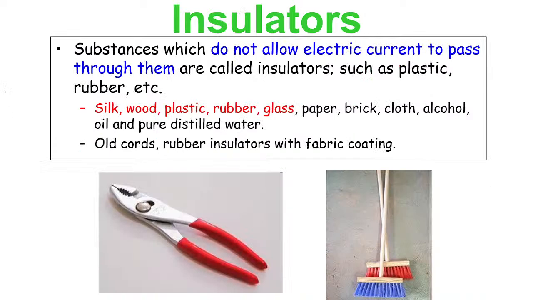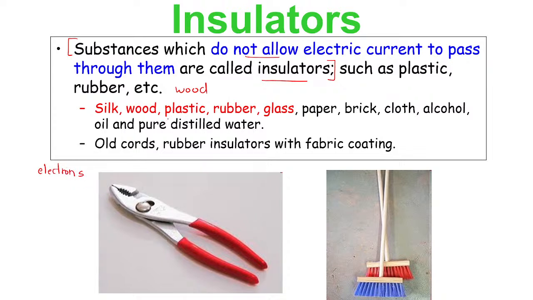What are insulators? Insulators are those substances which do not allow electric current to pass through them, and we term such materials as insulators. For example, plastic, rubber, wood, glass. All these materials do not allow electric current, or rather they do not allow the electrons to flow through them, and therefore they are termed as insulators.